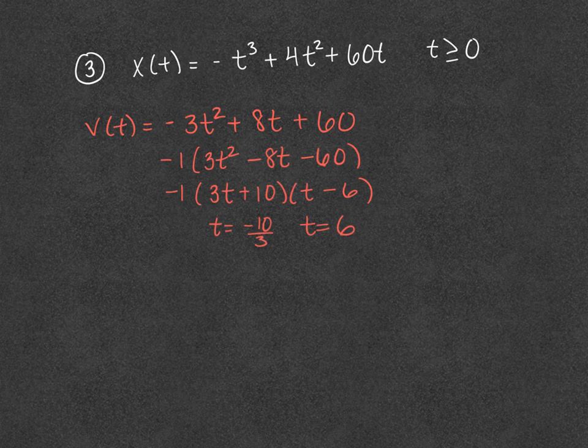Okay, so a couple things that I'd like to point out is that I don't like factoring when I have a negative in front. So I took out a negative 1, and then I factored by guess and test. And these were the results that I got. Now, you should be noticing that negative 10/3 doesn't really fall into our interval of time is greater than or equal to 0.